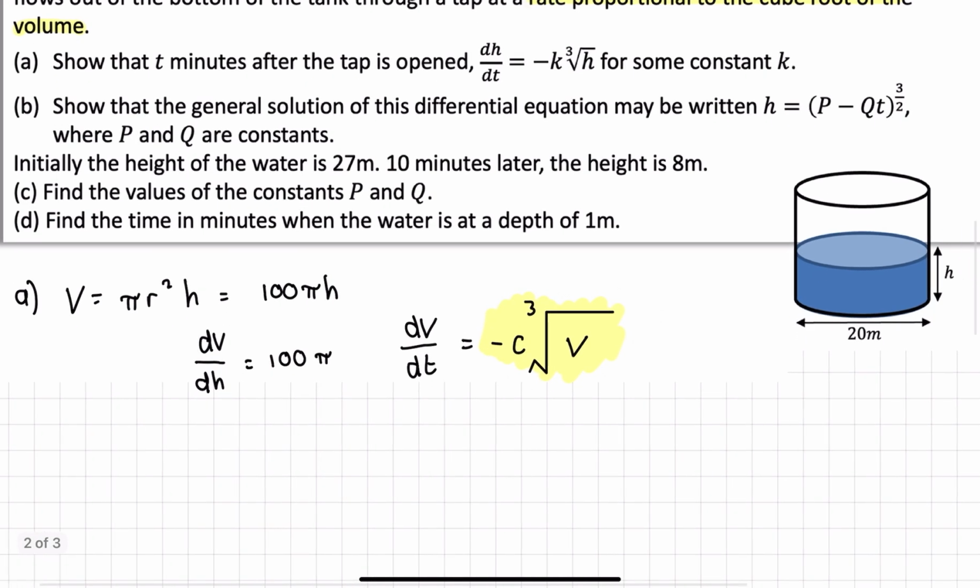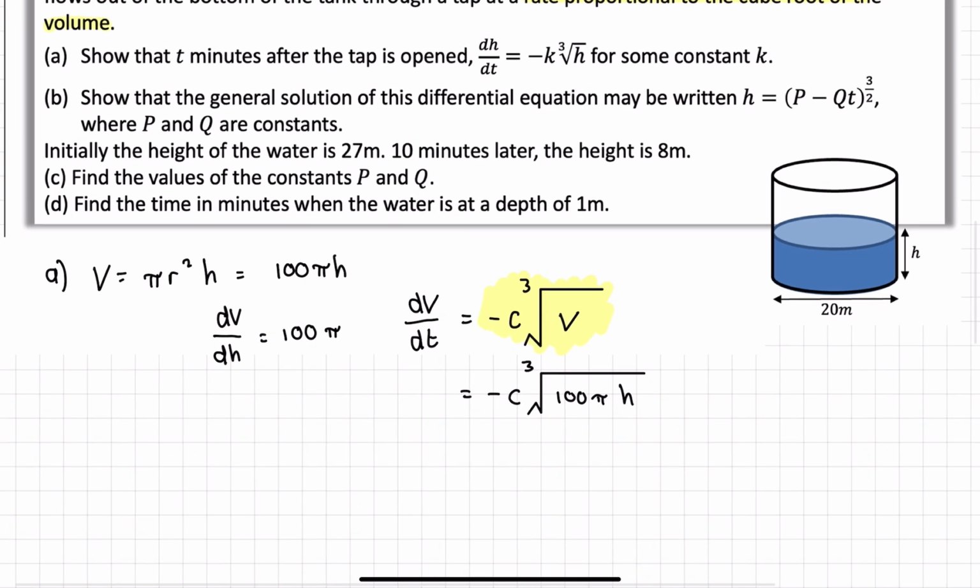We have the volume here, so I'm going to rewrite that as minus C cube root of 100 pi h. Okay, so now we want to find dh/dt.